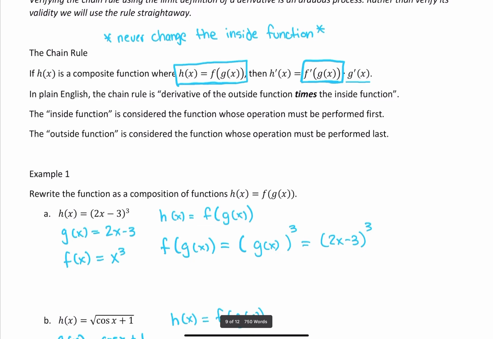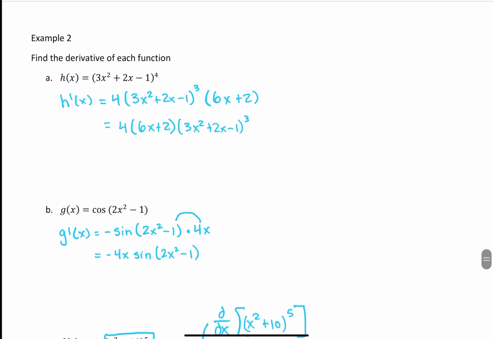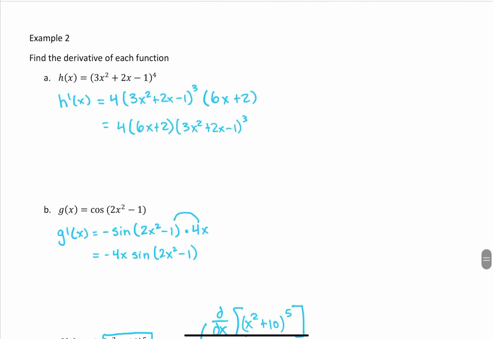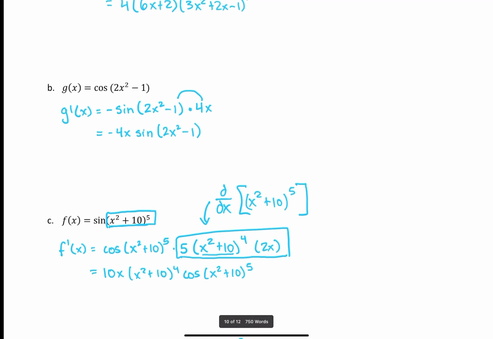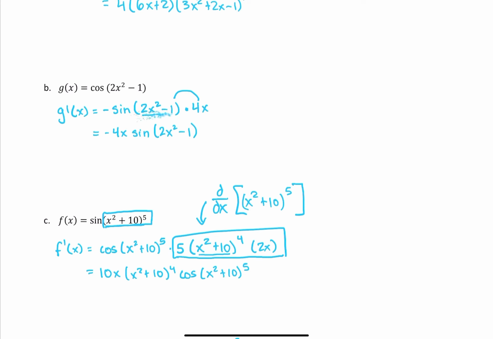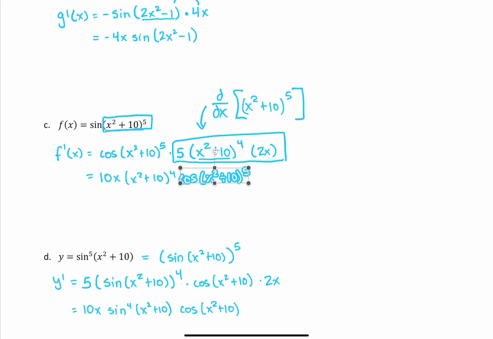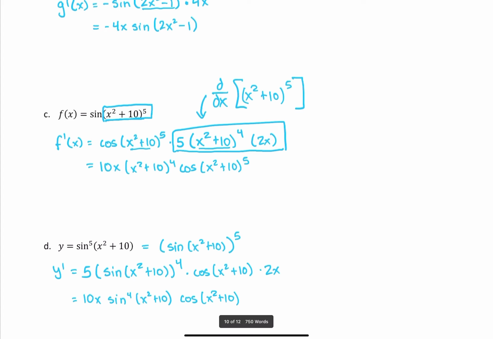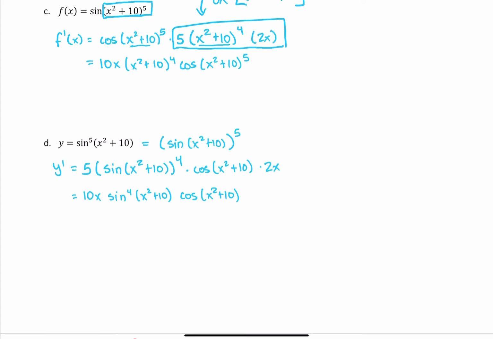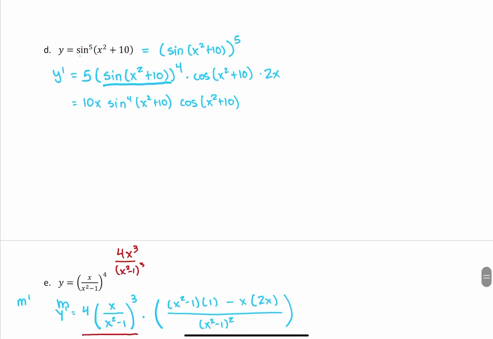So look, in all of our examples where we did derivatives, the inside function stayed the same. For A, we didn't change the 3x squared plus 2x minus 1. For B, we didn't change the 2x squared minus 1. For C, we didn't change the x squared plus 10. For D, in this case, it was sine to the fifth. We didn't change the sine, and we also didn't change the angle.